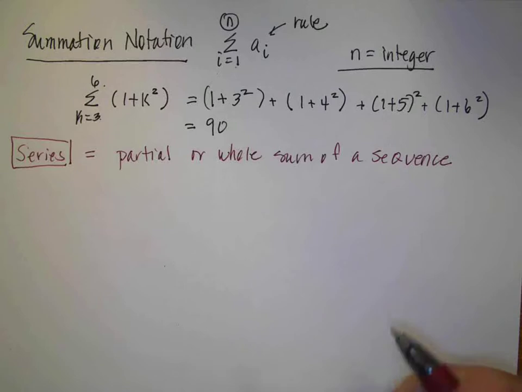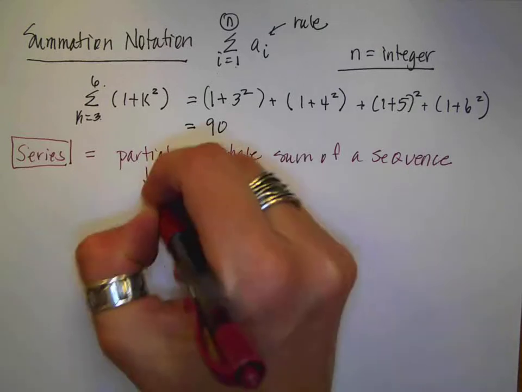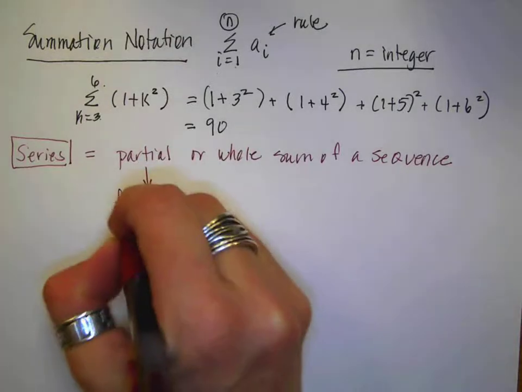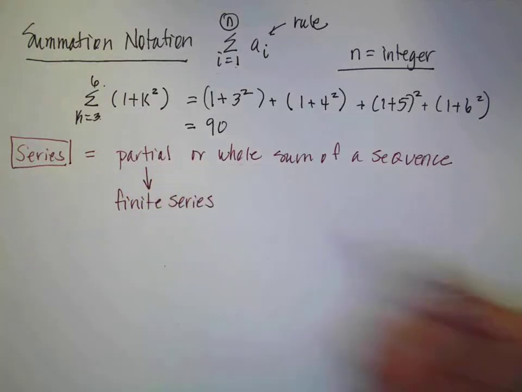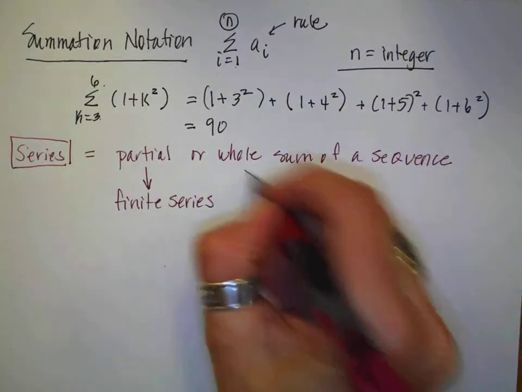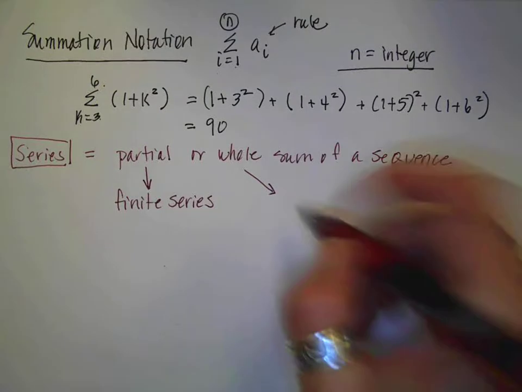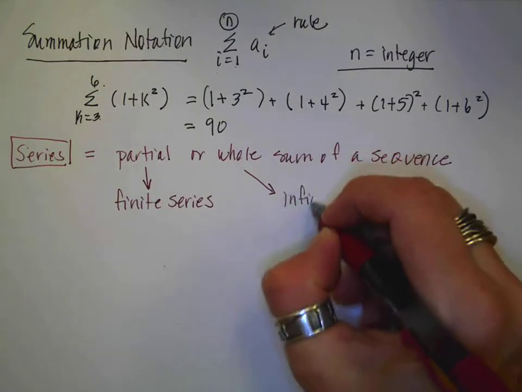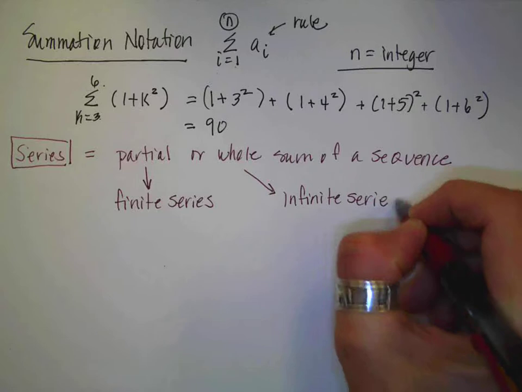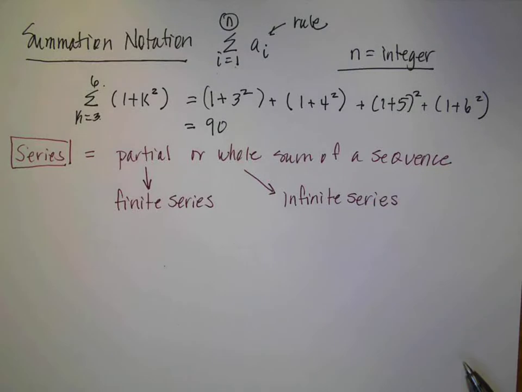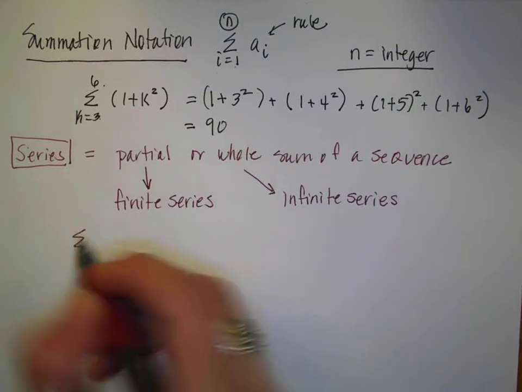So I can start anywhere within a sequence and do a sum, or I could sum the whole sequence, okay? If I'm doing a partial, this would be a finite series, meaning it has a specific beginning and end. And if I'm doing a whole, this would be an infinite series, because in theory, a sequence goes on forever and ever and ever, okay?